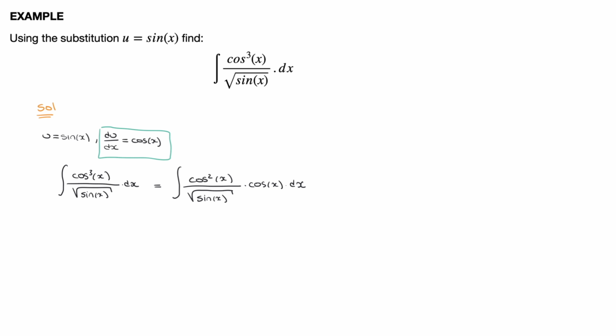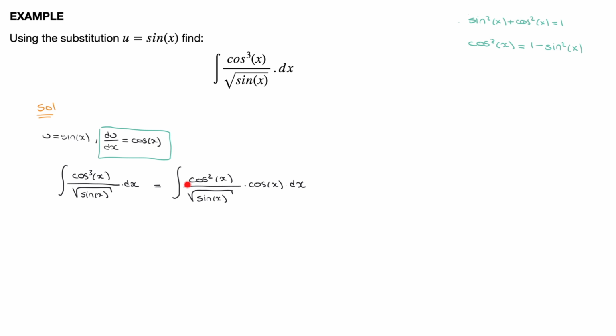And since u is equal to sine of x, we'll need to make sure that this cosine squared of x is written in terms of sine of x. And for that we can make use of the well-known result, sine squared of x plus cosine squared of x equals 1, to rearrange this to make cosine squared of x the subject. Indeed, using that, we can quickly state that cosine squared of x is equal to 1 minus sine squared of x.